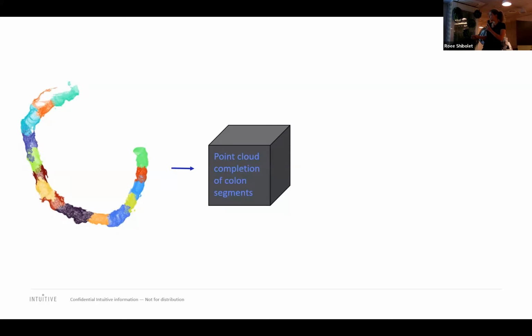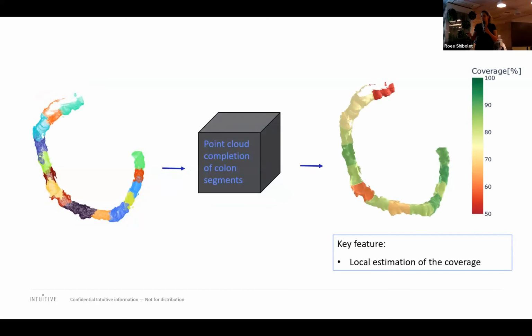If you tried to complete this point cloud, it would consider this thing as a hole, right? Well, it's not really a hole; it's just an artifact of the segmentation. But it can still be okay to give this approximate segment to our point cloud completion network.